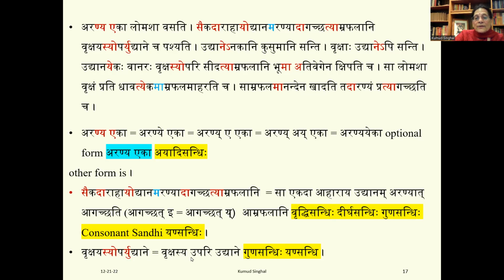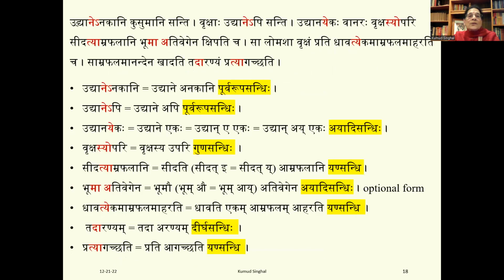Again, it will be a guna sandhi. These both will be replaced by o. So you have syo. This is your guna. Then e followed by a dissimilar vowel u. So e will be replaced by ya, and you have ra comes here, and you have u, because ya and u will be combined to become yu. So there are 2 sandhis here, guna sandhi and yana sandhi.